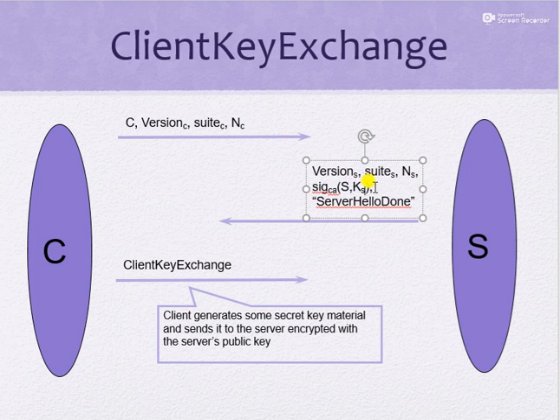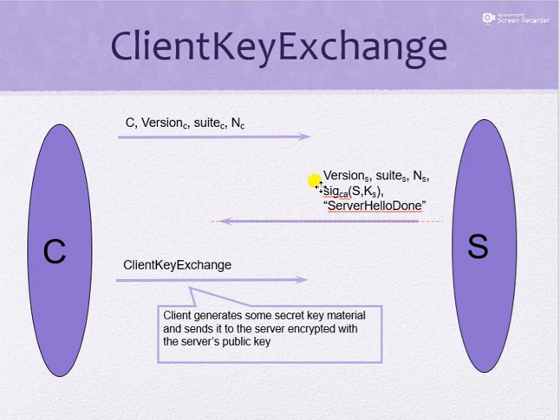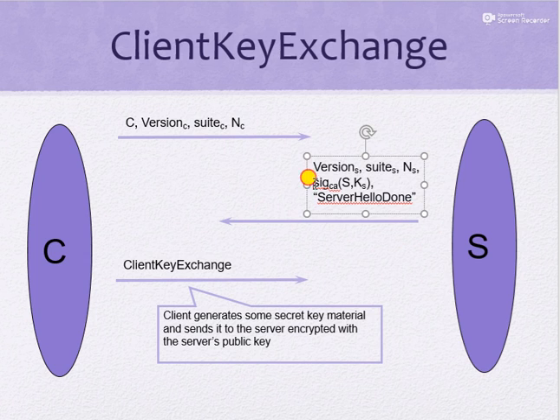It is the public key of the server, which is signed by the certification authority. As we already discussed, this is the public key certificate that is sent by the server to the client, saying this is my public key certificate, where the server informs the client about its public key, and the public key needs to be issued by the certification authority so that we make sure this public key actually belongs to this server.